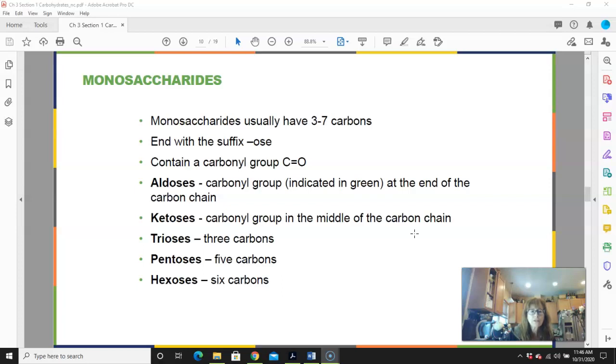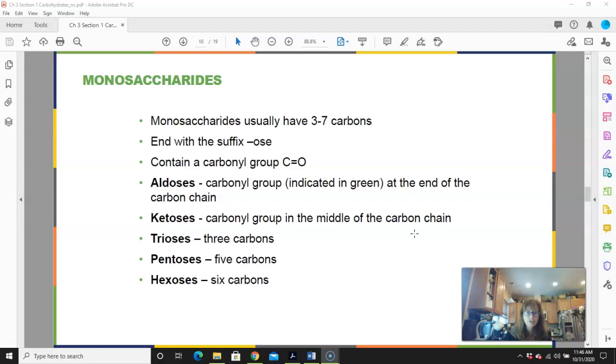If it's at the very end of the chain of carbons, it's going to be called an aldose, meaning it's an aldehyde, but because we now call it a sugar, it's an aldose sugar. The one that has the carbonyl group in the middle of a carbon chain is under the category of ketones.